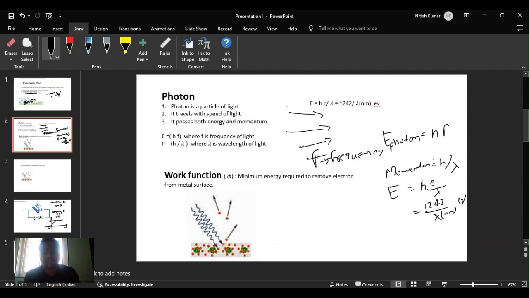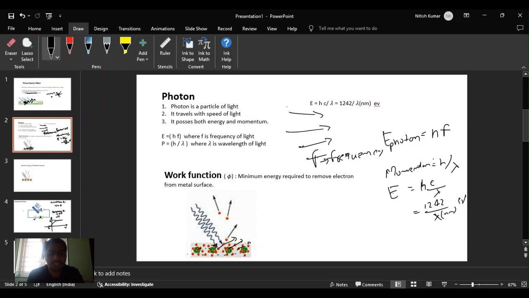Another concept is the work function. What is the work function? Let's see, we have a metal surface that has many electrons inside it, and when light falls on this metal surface, electrons get emitted.